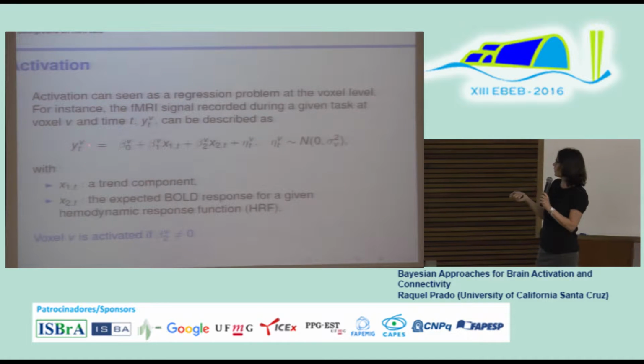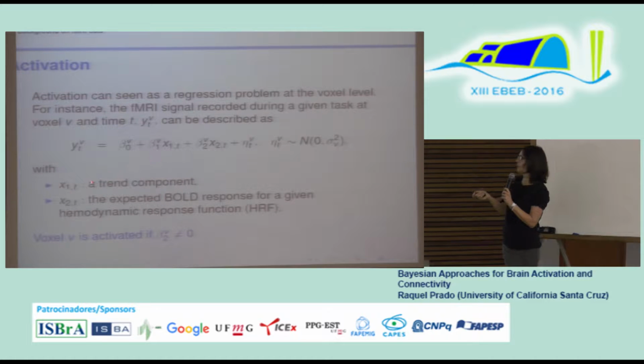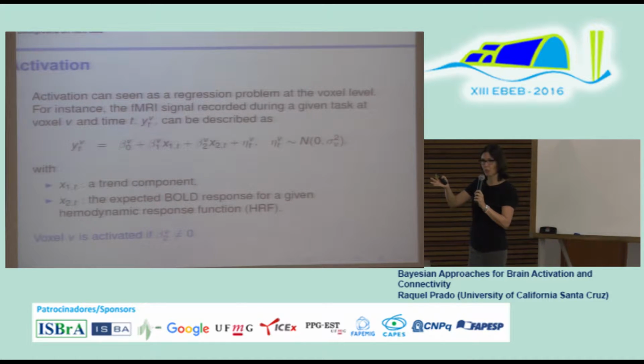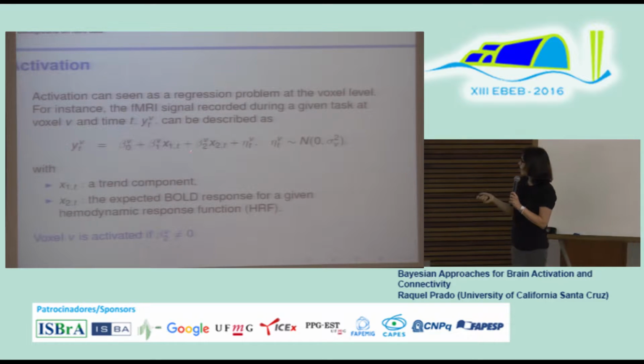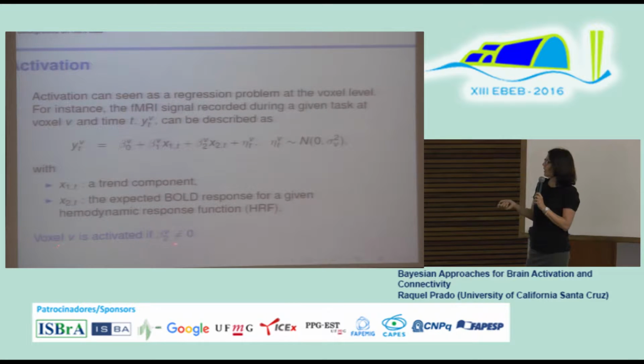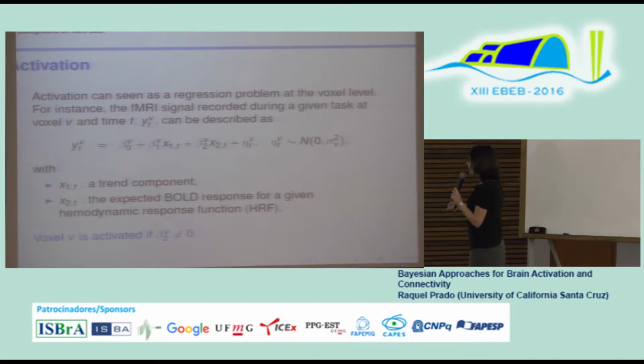So the idea is you have your observed image here at voxel V and time t, and then you can run this regression where this could be some kind of trend component that you have in the data, and then this is the expected BOLD response for a given hemodynamic response function, okay? And then you're going to determine if the voxel V is activated when this coefficient is different from 0, okay? That's a way to think about activation.